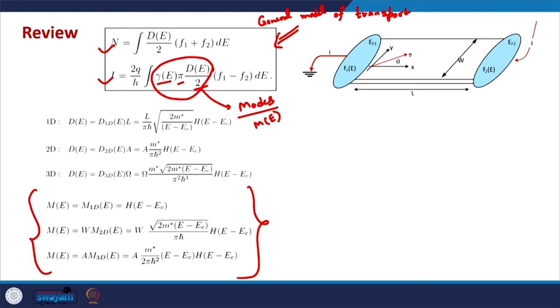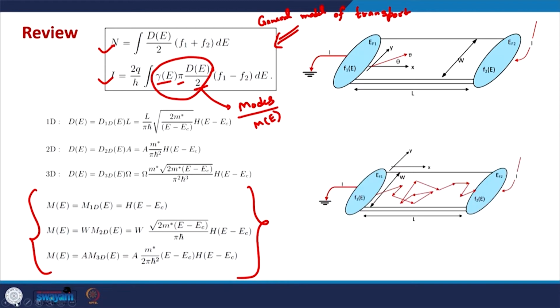Then we started our discussion of the diffusive transport. So, this is the ballistic case. This figure is the ballistic case in which the electron starts from the source contact, from the left contact, and directly goes to the drain contact, to the right contact, without any collision in the middle.